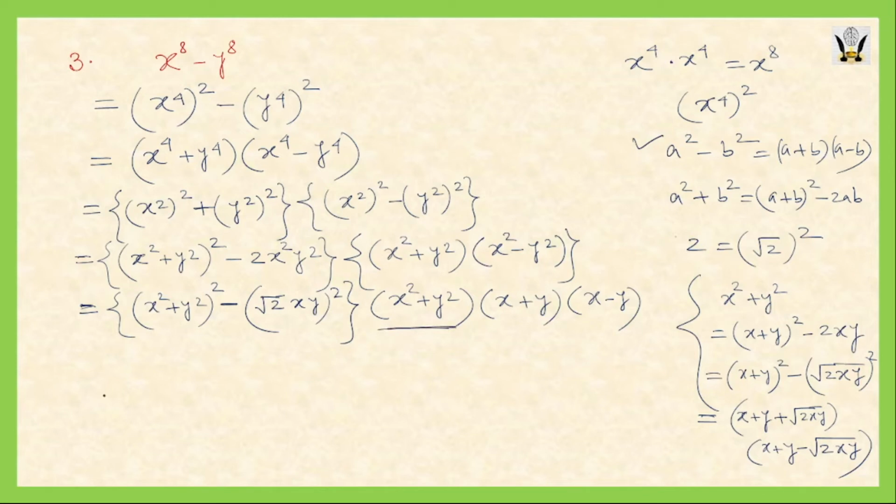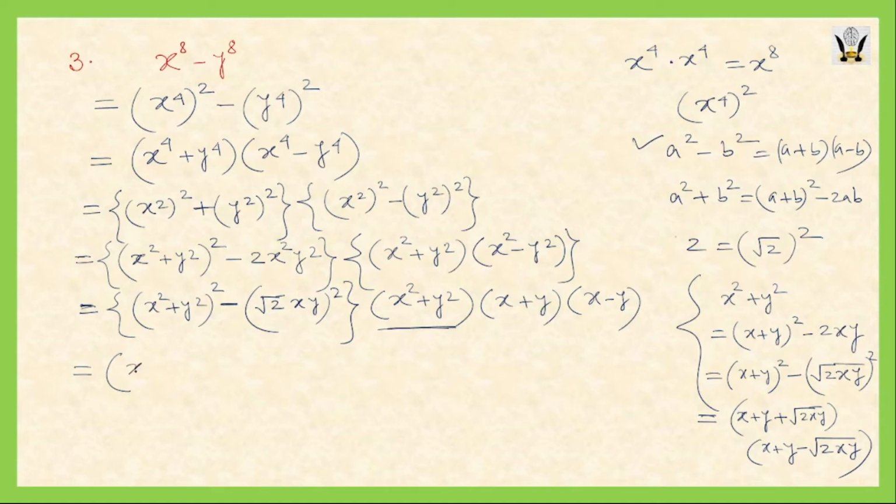So we will further complete this simplification. We have not done yet. So again it is in this format, a square minus b square. So we will write further, a is our x square plus y square, the whole thing is our a, and root 2xy is our b. For the constant coefficient part, we may have fractional value, but not for the variable.